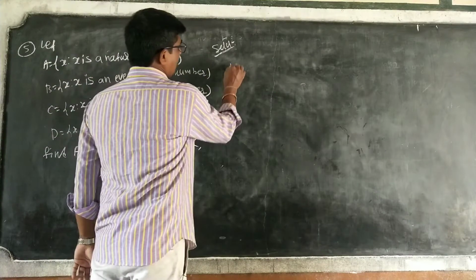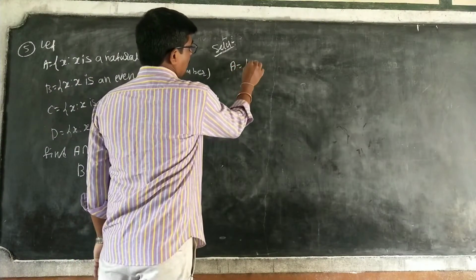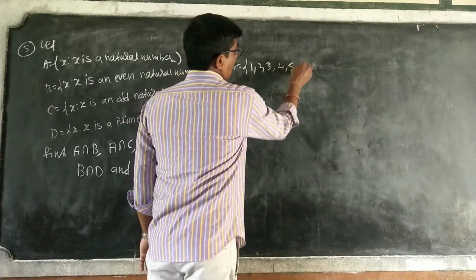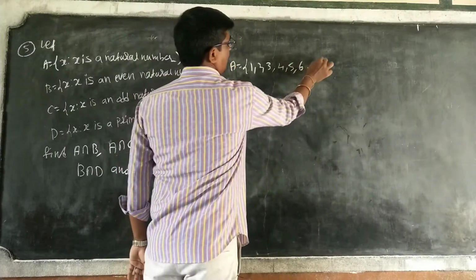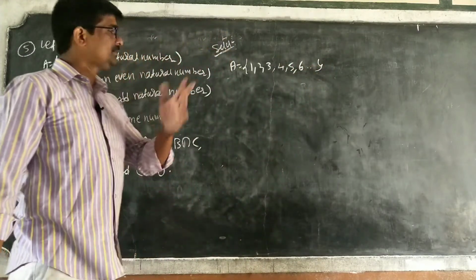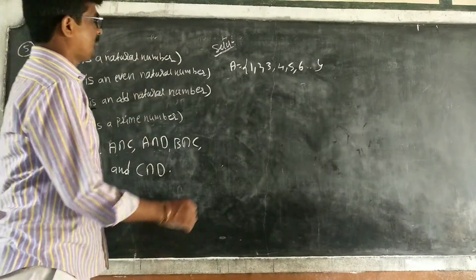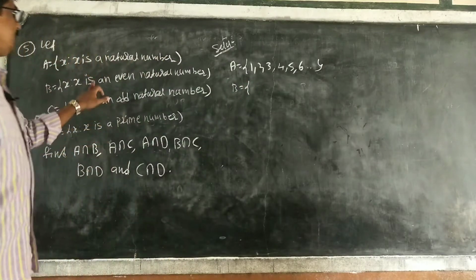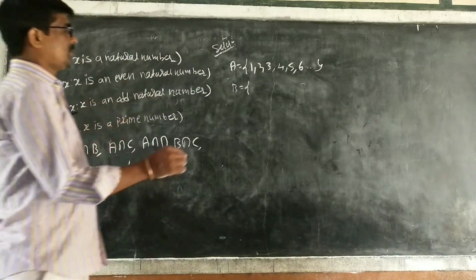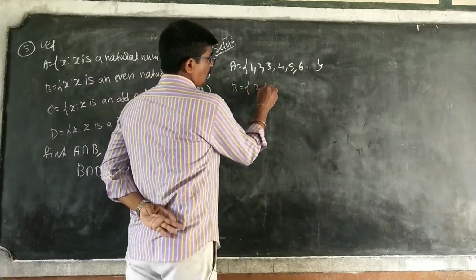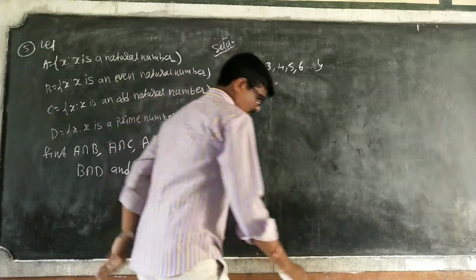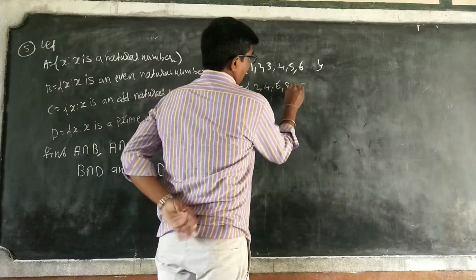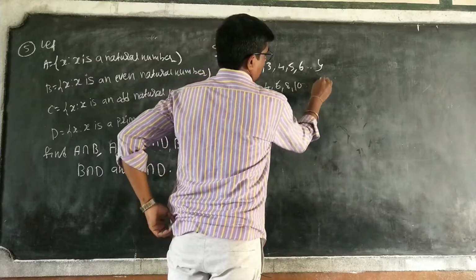First I am writing set A: natural numbers 1, 2, 3, 4, 5, 6 and so on. Next I am writing set B, the even natural numbers: 2, 4, 6, 8, 10 and so on.